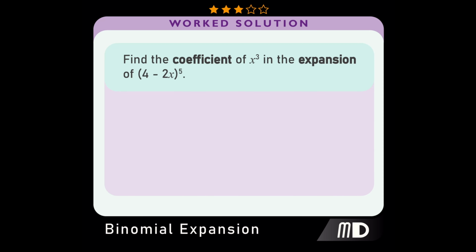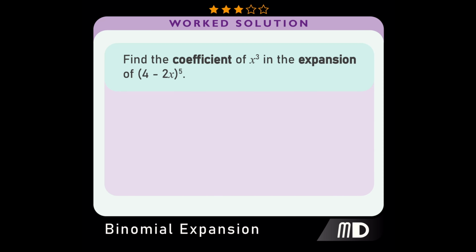To find the coefficient of the x cubed term in the expansion of (4 minus 2x) to the power of 5, we need to expand this using binomial expansion, which is a three-step process.